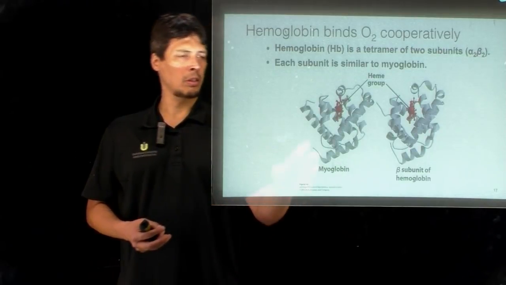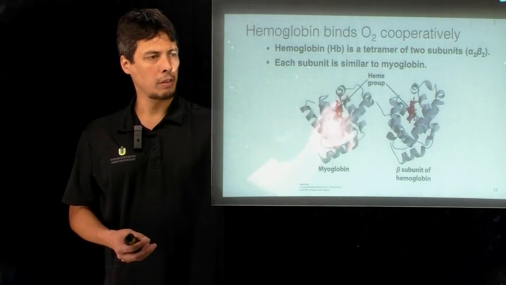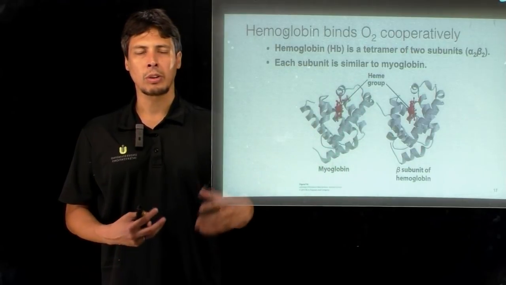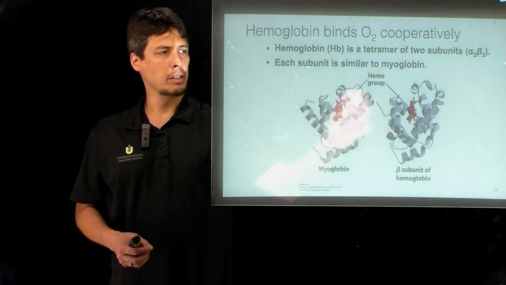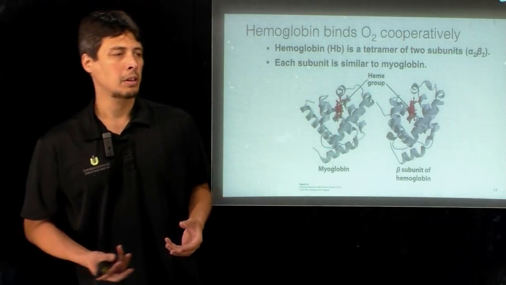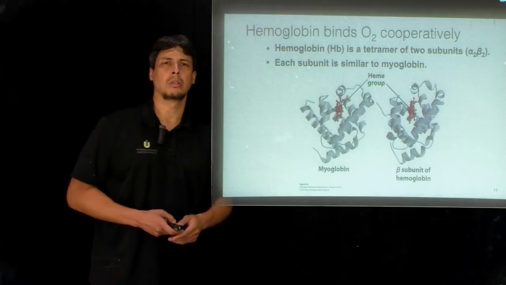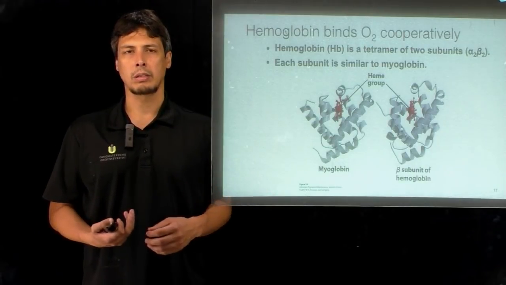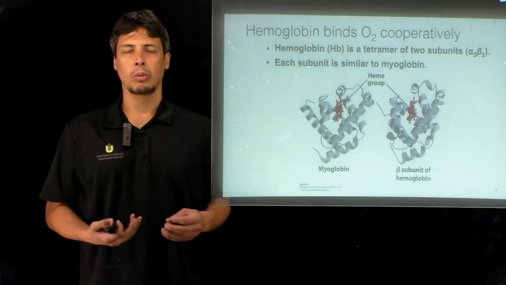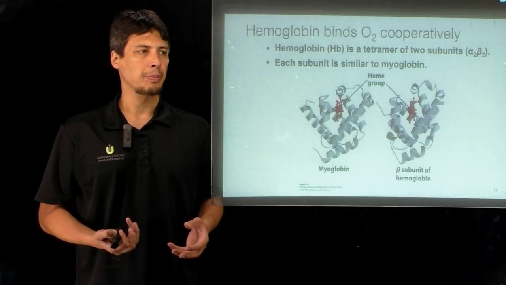And you can see just by looking at the peptide backbone, so looking at the alpha helices and their arrangement, the structure of the protein is very similar. And in fact, the placement of the heme is also very similar, almost identical. And so the difference in the structure of the two proteins has very little to do with what's going on at the ligand binding site.